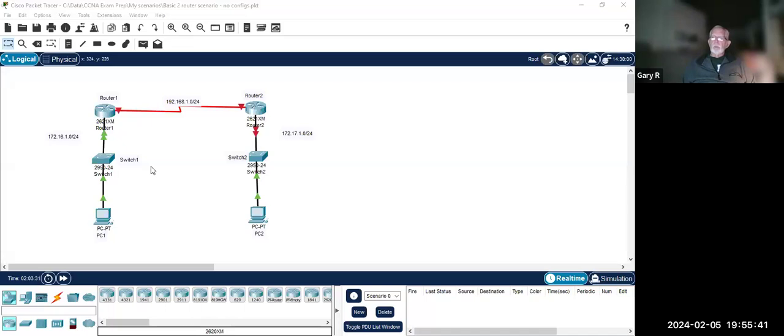Okay. So now hopefully everybody can see Packet Tracer. You see I have a switch there. And let's just talk about what's going on in this little environment here.